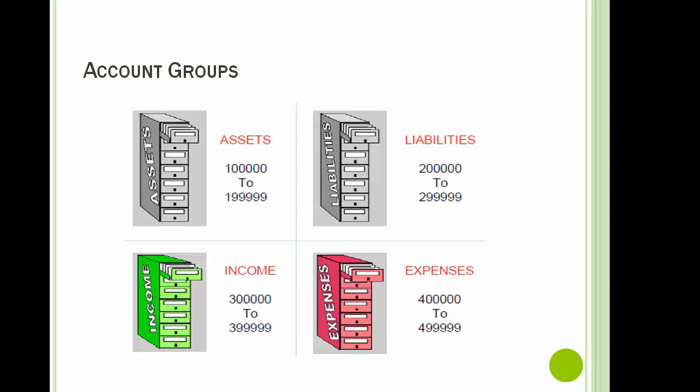So this range is what can be easily identified when we are working on the SAP system. Practically we can easily identify that anything which is starting with 1 is related to an asset, and 2 is related to a liability, and 3 is income, and 4 is respectively expenses. So it becomes easier. That is why we make the grouping, and that is what account group is all about.